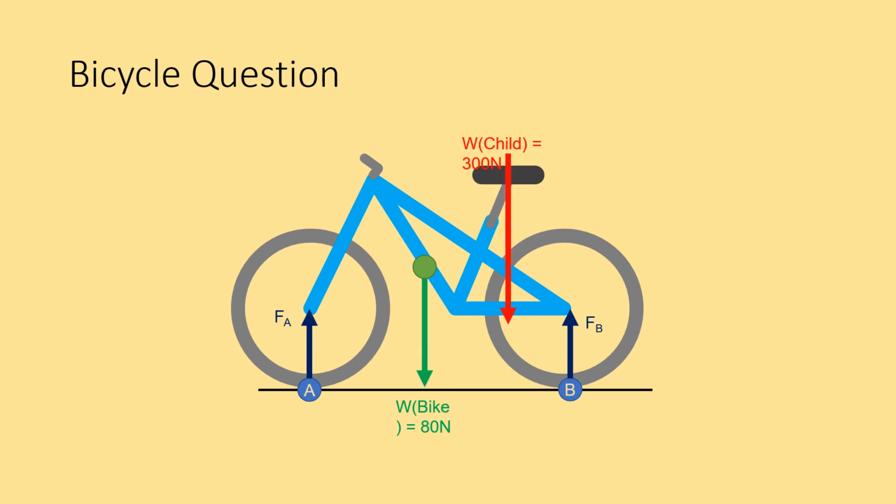Force A and force B would share that load, so it would be half of 380, which would be 190 newtons at each point.